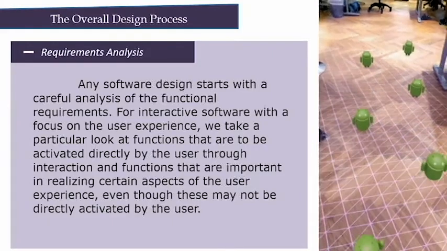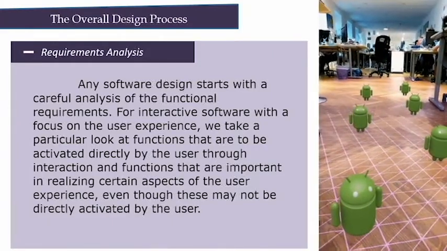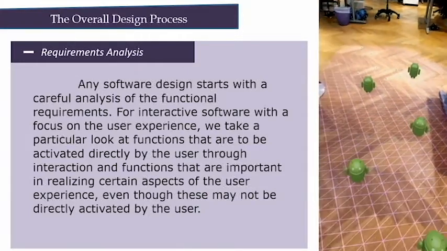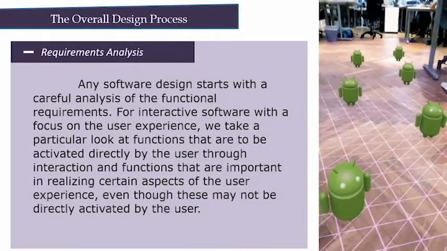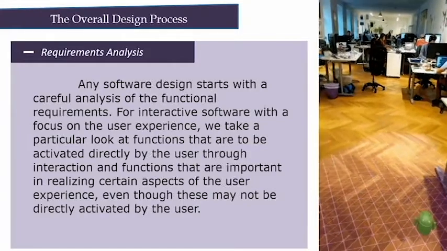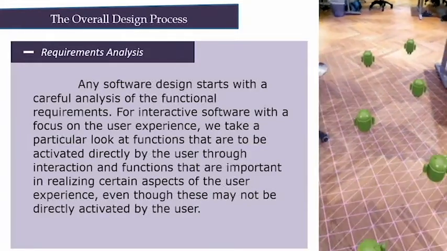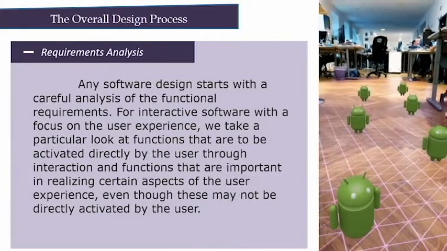So we have these 4 iterative steps, using a concrete example after a short explanation of the respective steps. So in our overall design process, there are 4 processes, iterative steps.